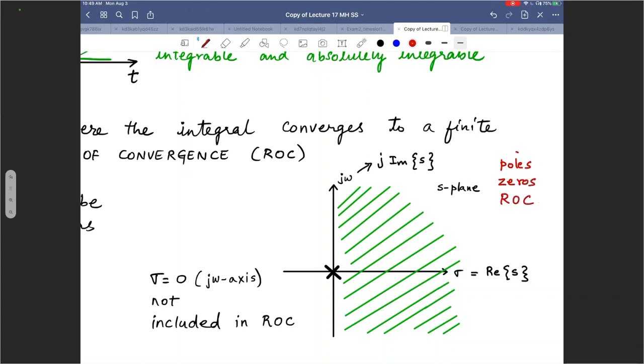Those three things need to be sketched on the complex S-plane, because that gives us the information about where this integral converges, where things are going to be stable or not. So that gives us a lot of insight into what type of system we are going to be coming up with. So where is the region of convergence?